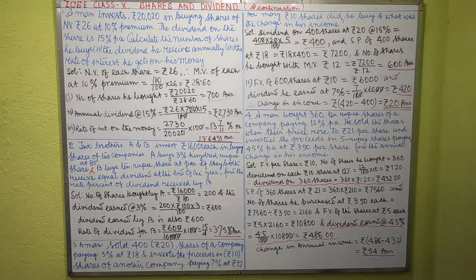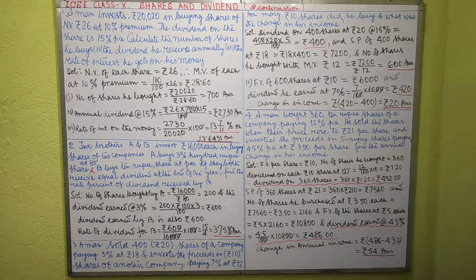Therefore B also earned the same amount, that is 600 rupees, and his dividend rate will be 600 by 16,000, because investment was 16,000, into 100, that is 3.75. So the rate of dividend received by B is 3.75%.